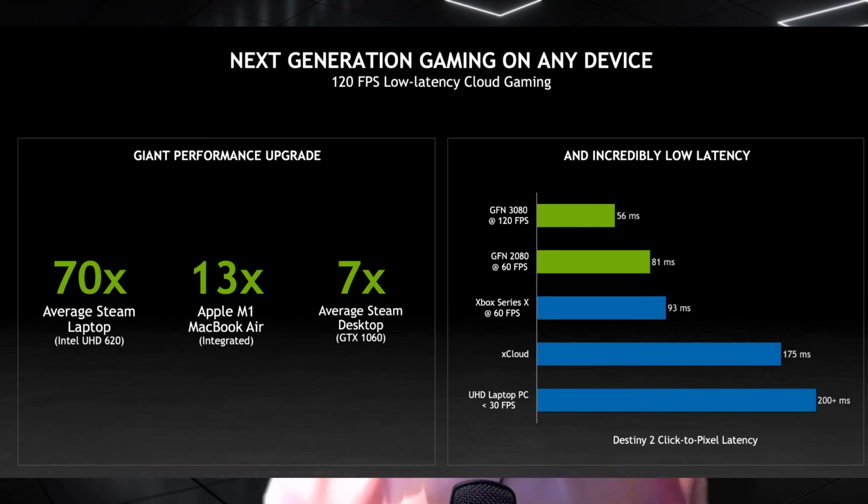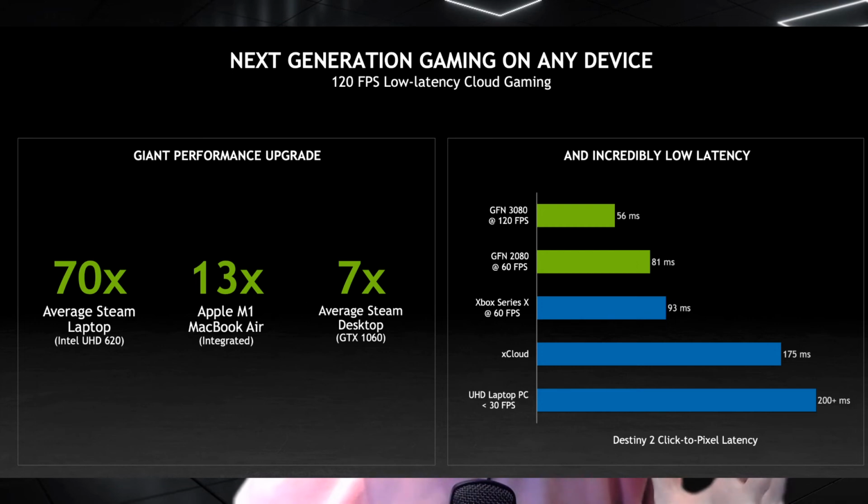To put that into comparison, a standard laptop running at less than 30 frames per second is 200 plus milliseconds. xCloud, when it was tested, came in at 175. And the Xbox Series X running at 60 frames per second is 93 milliseconds. So with the work they've done upping the capabilities of the technology and putting in adaptive sync technology, they've managed to reduce it, running at 1440 or up to 1440, I should say, at 120 frames per second.